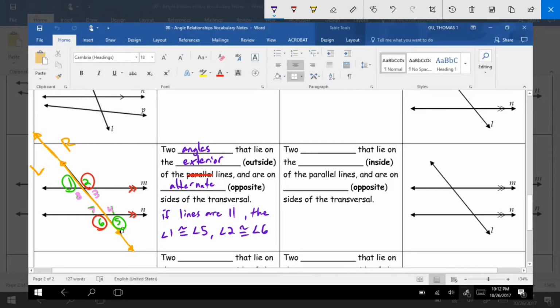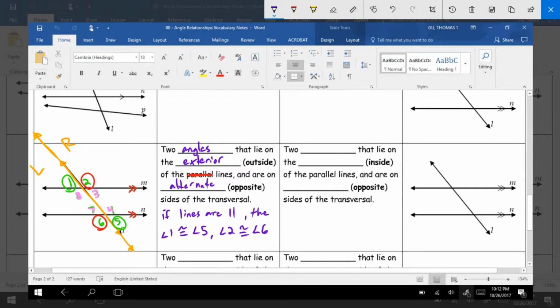That's right. So if the lines are parallel, only if they're parallel, then angle 1 is congruent to angle 5, and angle 2 is congruent to angle 6. All right, and that is the alternate exterior angles. So it doesn't have to be parallel lines for it to be alternate exterior angles, but if they are, you got this special rule that you can use in your proofs.